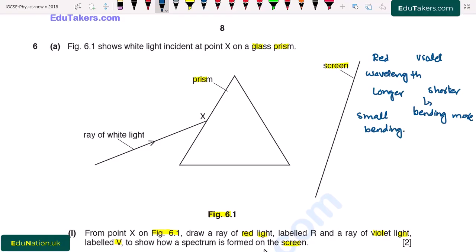Now first of all, I draw the path for the red light, and first of all we have to draw the normal at the surface in order to draw the path of the red light inside the prism.